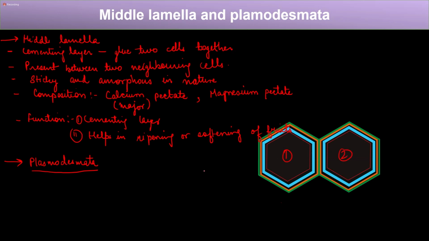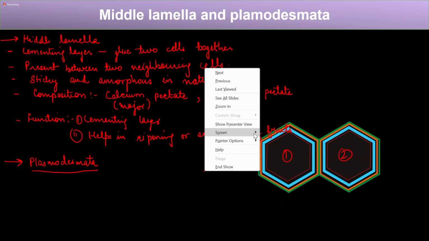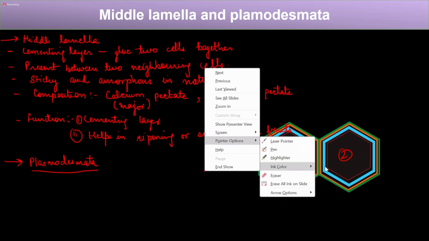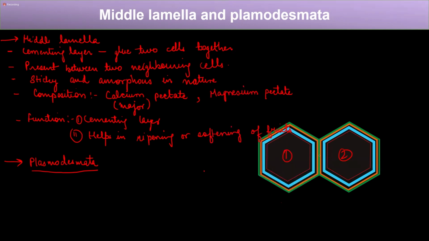In this case, there are certain regions where the middle lamella will be absent, and this region will form plasmodesmata.